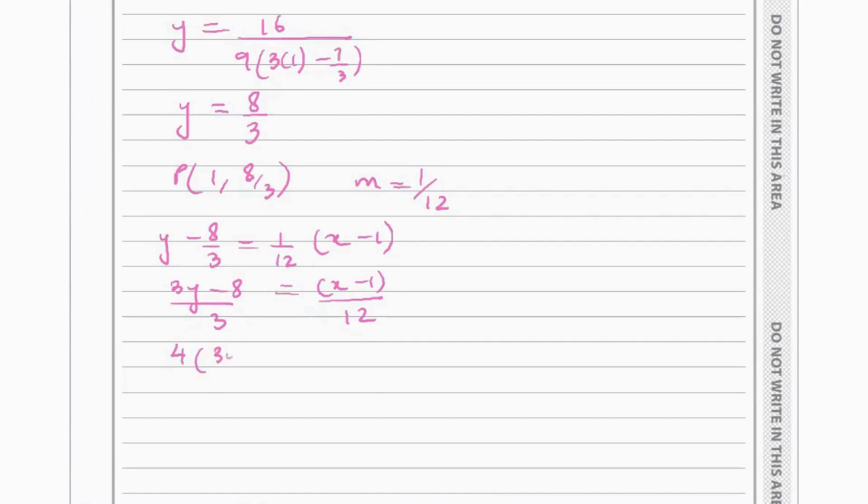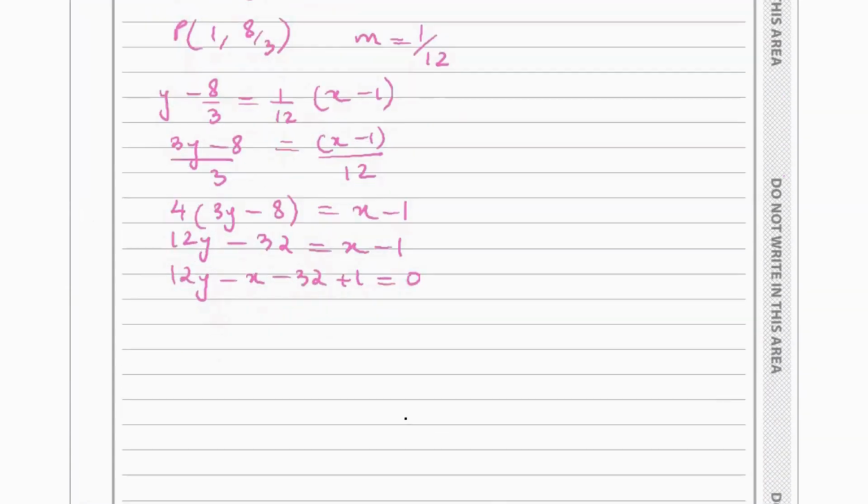So 4 times (3y minus 8) equals x minus 1. 12y minus 32 equals x minus 1. 12y minus x minus 32 plus 1 equals 0. So that gives us 12y minus x minus 31 equals 0 as the equation of the normal, in the format they were asking for.